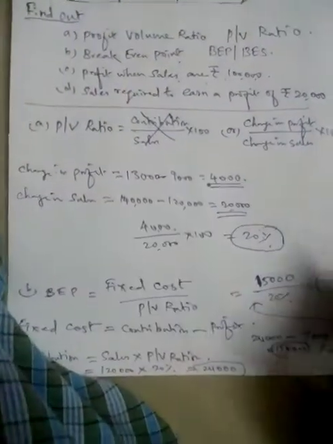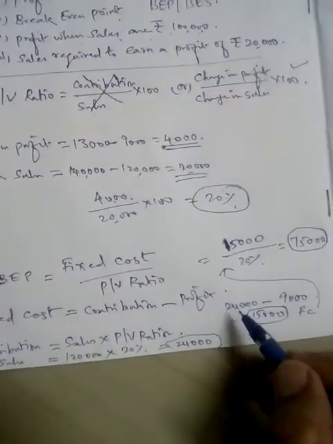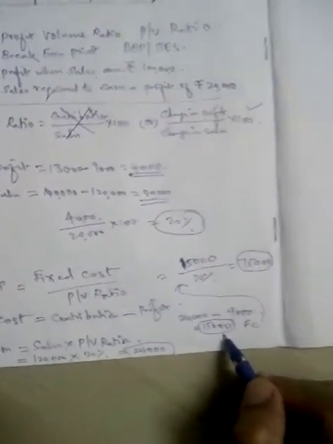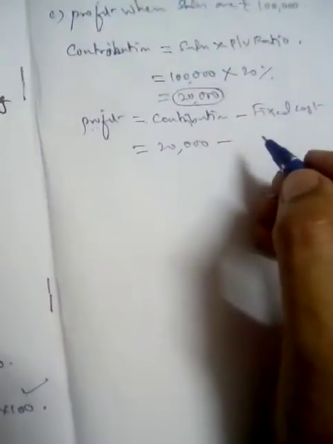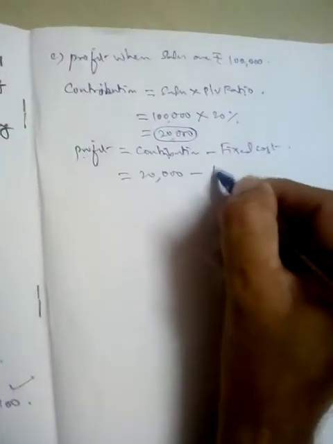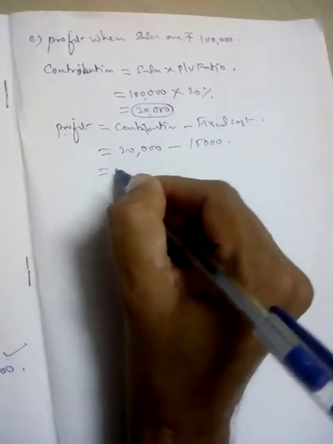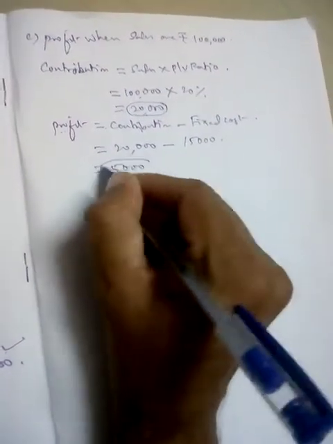Fixed cost here we already found, so fixed cost is 15,000. So we take 15,000 here, and you may get 5,000 as a profit.